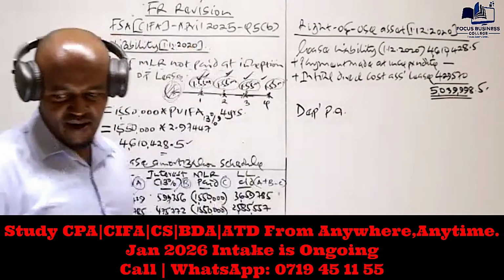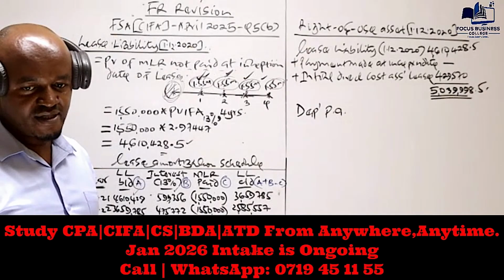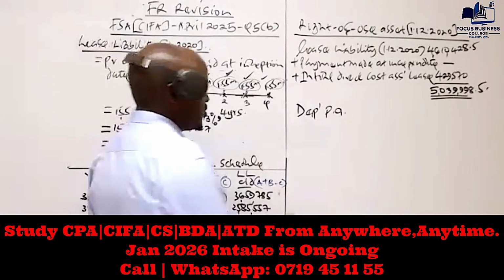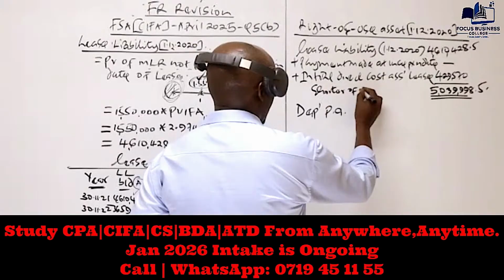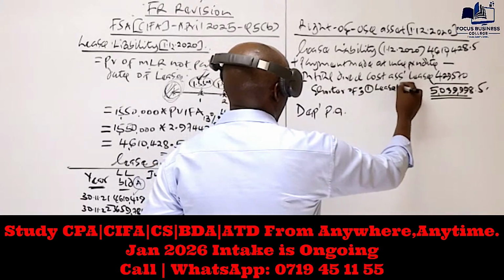So having that, the next thing we need to do is to compute the depreciation per annum. Remember, we say that this right of use asset should be depreciated on a straight line basis at the shorter of two periods. Number one, the lease term. The lease term basically is the period of the lease.